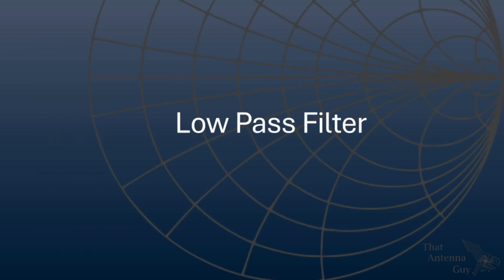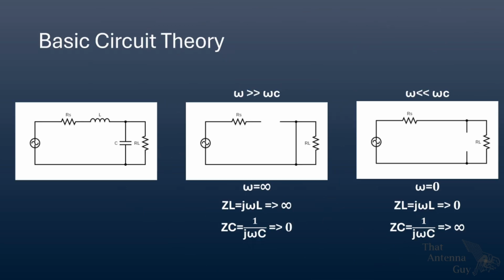We're going to start with low-pass filters, and in this set of slides, we are just going to look at the lumped element design. So if we think about the case where your frequency is much greater than your cutoff frequency, let's bring everything to an extreme here. We know the impedance of an inductor is j omega L, so as omega approaches infinity, higher and higher frequencies, the impedance of an inductor will become infinite, so it will look like an open.